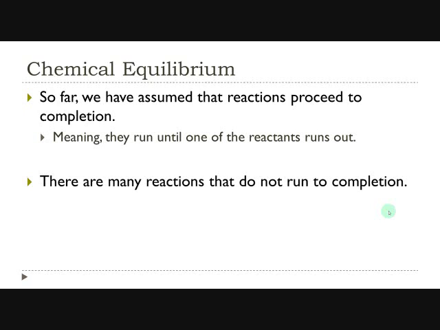But most of the time when we have looked at chemical reactions so far, we've only been looking at the forward reaction of what's written down, where we assume that the reaction proceeds to completion, meaning that one of the reactants will run out. But there are many reactions that do not run to completion.